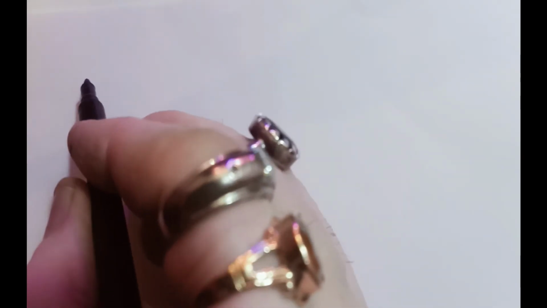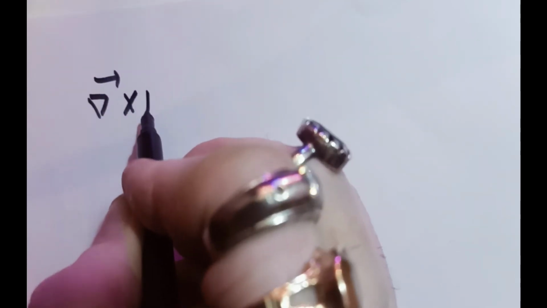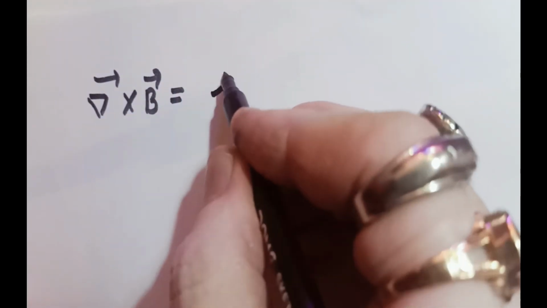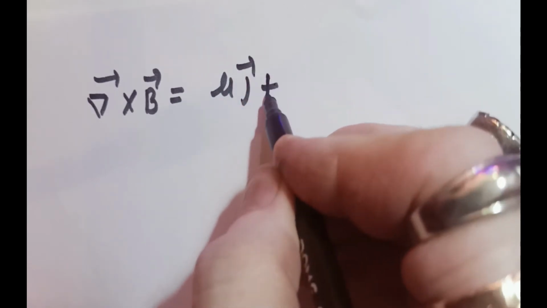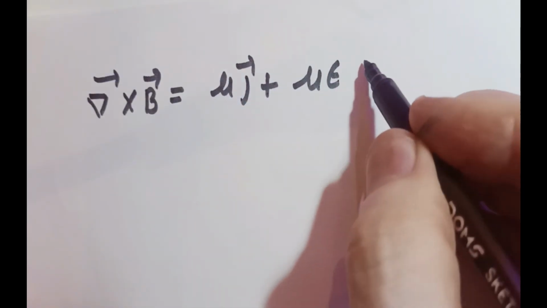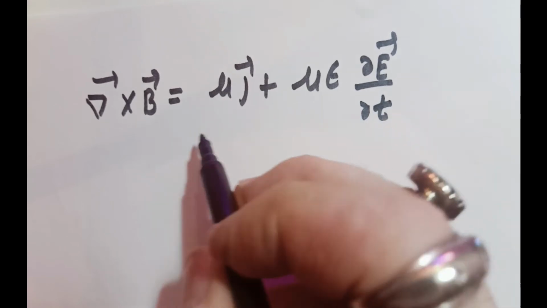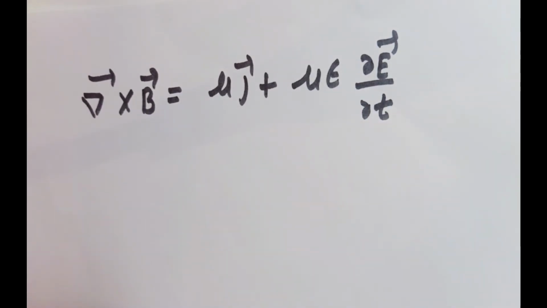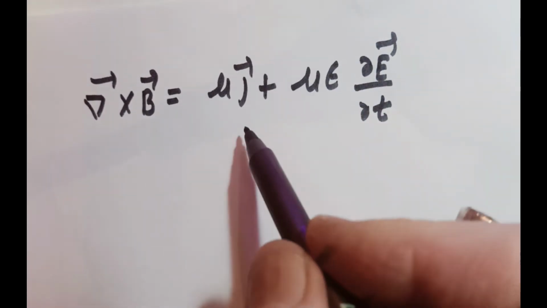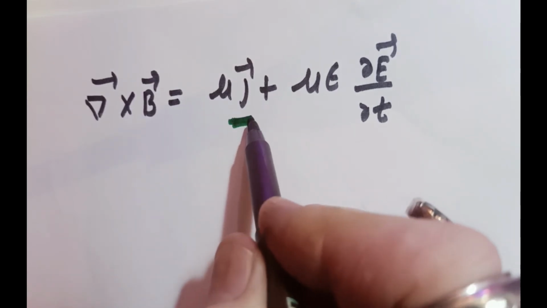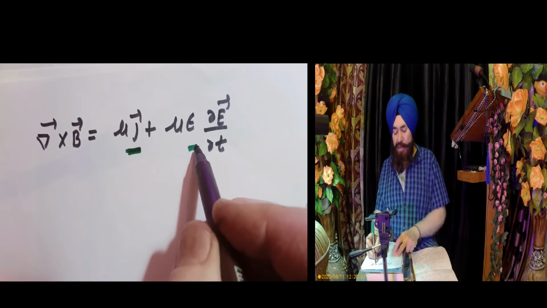Okay, for the magnetic field, now I am writing an equation: del vector cross B vector is equal to mu J plus mu epsilon curly E by curly T. This is again Ampere's law, modified form, conduction current, displacement current.